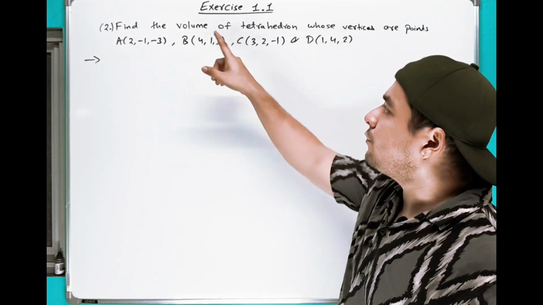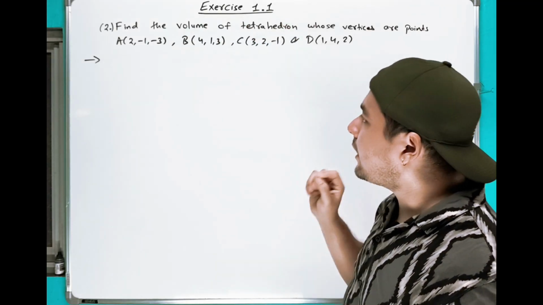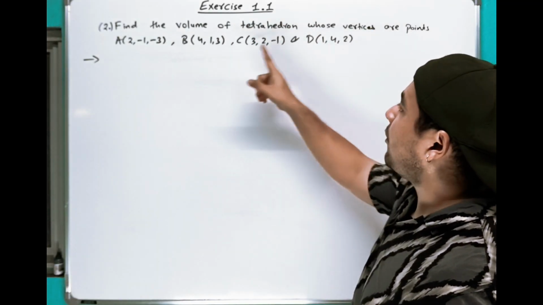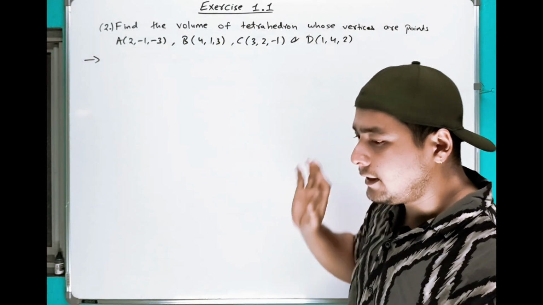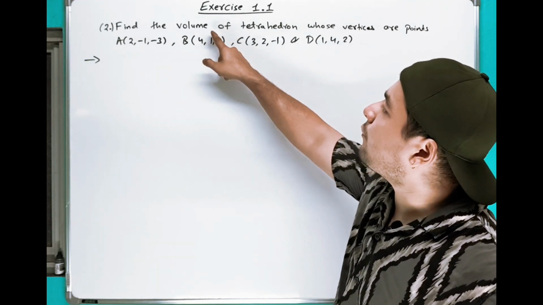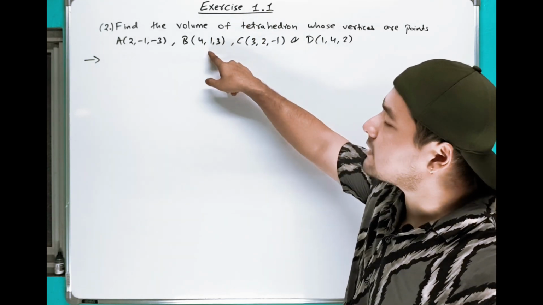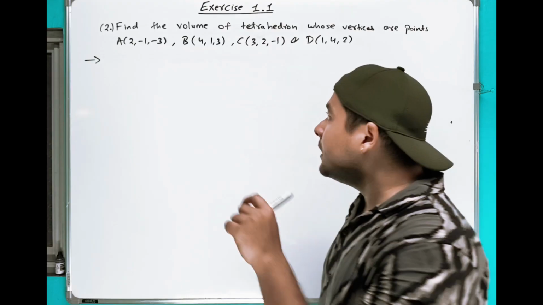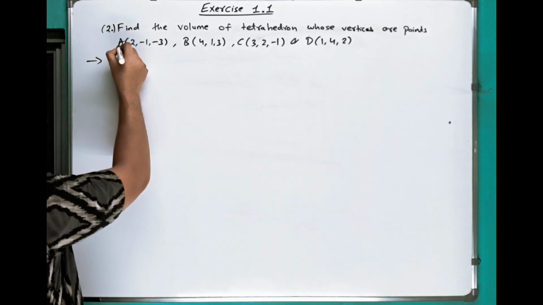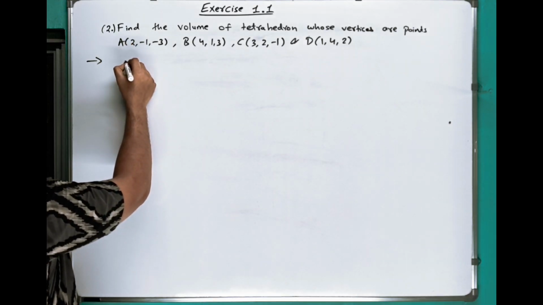So in question number 2, we have to find the volume of a tetrahedron whose vertices are points A, B, C and D. So we have to find the tetrahedron whose points have been given, right? So in this type of problem, we have to make one point as our common point. So let us make point A as our common point.